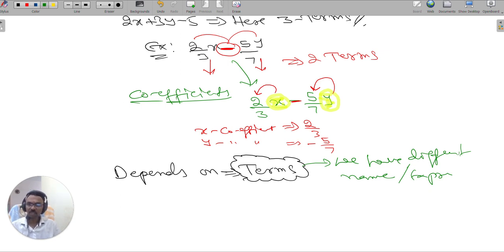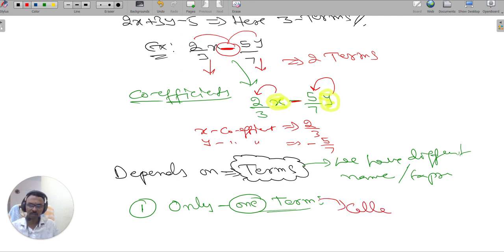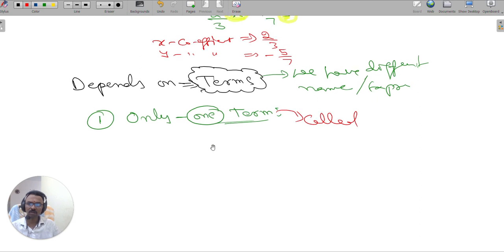If in the expression only one term is there, then that expression is called a monomial. Let me give one small example.